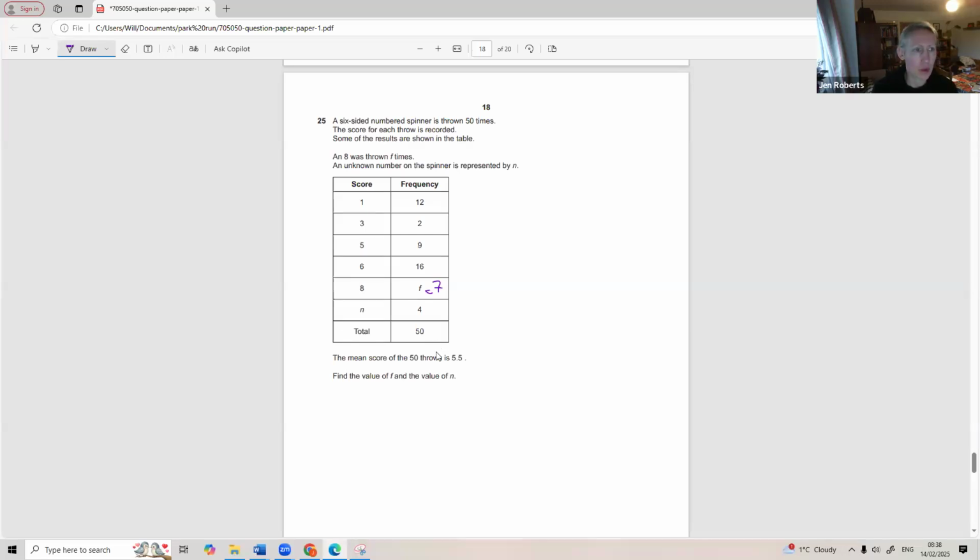Next bit is a little bit more tricky. Normally when we find the mean average from a frequency table, we start by doing the first column times the second column.